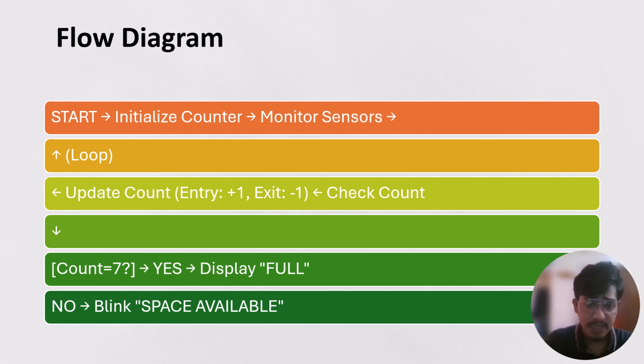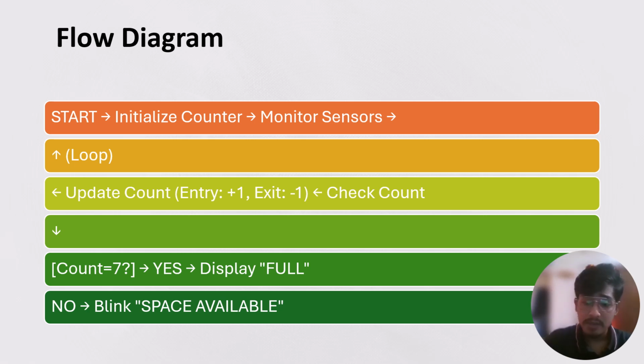Here we can see that at first we start, then initialize the counter, and then monitor the sensor. We are using a loop, and then update the count. For count, entry is +1 and exit is -1, and then we check the count. If the count is equal to 7, then yes, the display will be full, and if no, it will blink, space available.